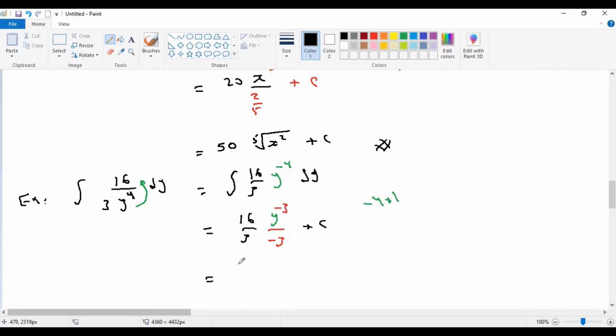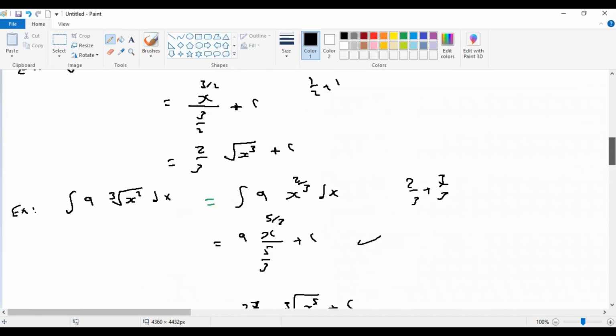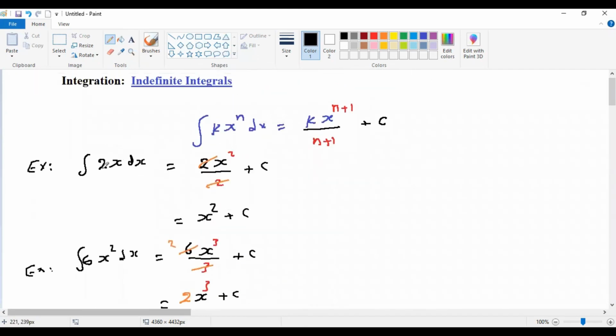Okay, it can be simplified. This can be written as minus 16 over 3 times 3, 9. Y to the negative 3 can be written as y cubed, plus constant. Okay, so up to here we explained the rule of how to find the integral of k x^n only, in this video.